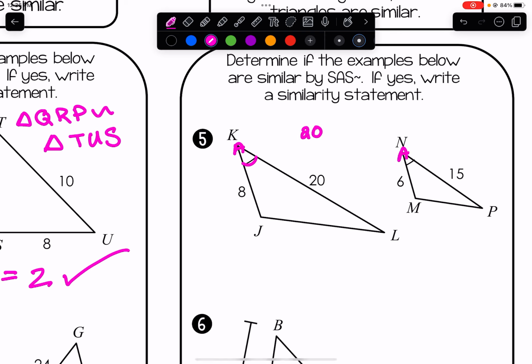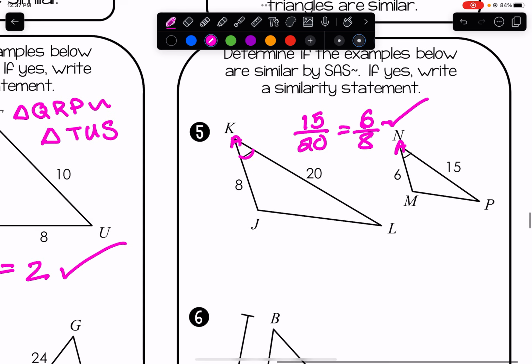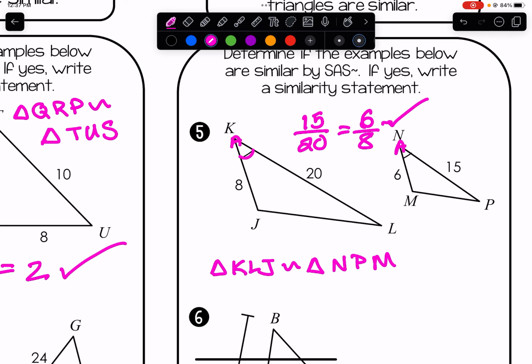So I have to do new over original. So I'd have to say 15 over 20 has to be equal to 6 over 8. Which is true. So we can say that KLJ is similar to NPM.